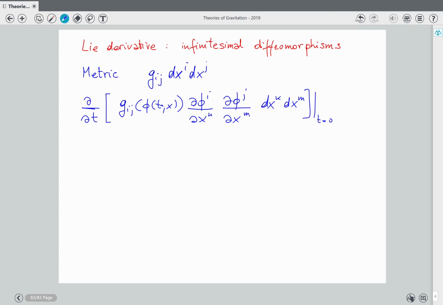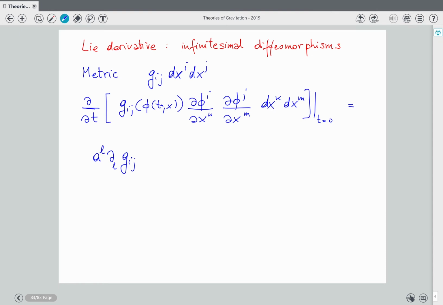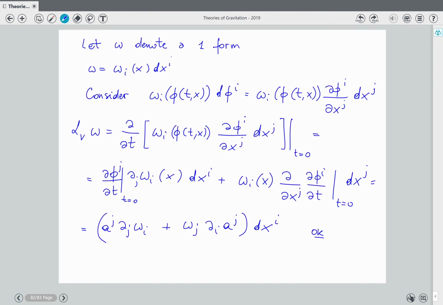Now it's just a repetition of what we did before. So when the derivative acts on gij, you will have something like the derivative along the vector field, al partial L. When the derivative acts on the others, you will have something like this.